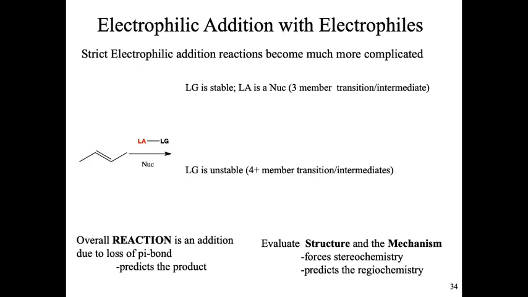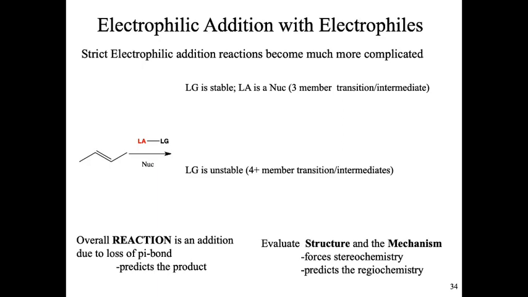Why is that important? If I get a three-membered transition state, one of those bonds is going to break. Should one of those bonds break, first off? Yeah, why? Ring strain. Something's going to have to come in and cause those bonds to break. That something coming in is likely going to bring in electrons.